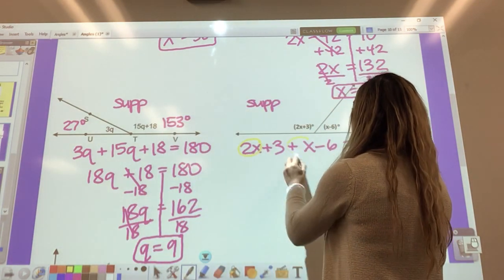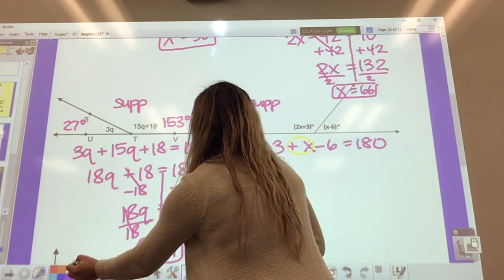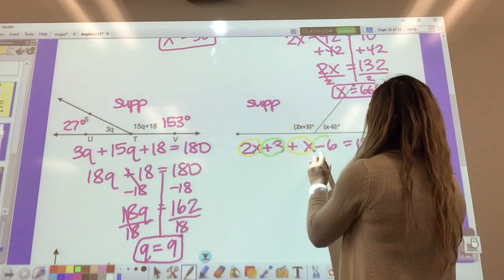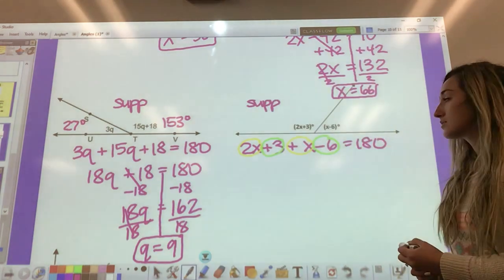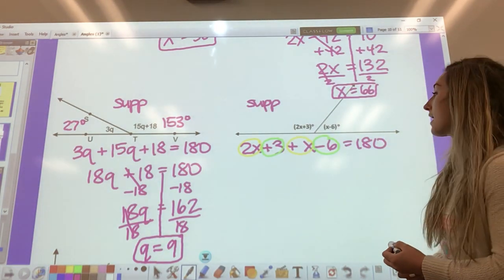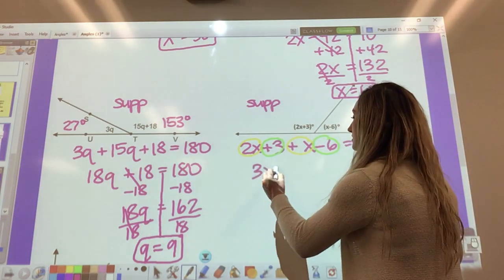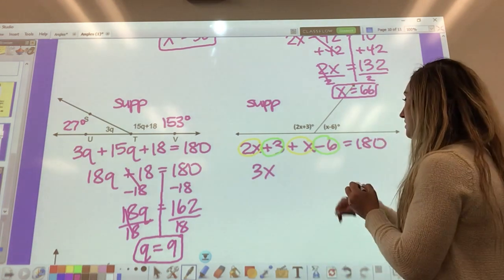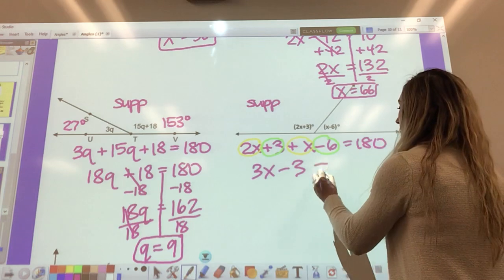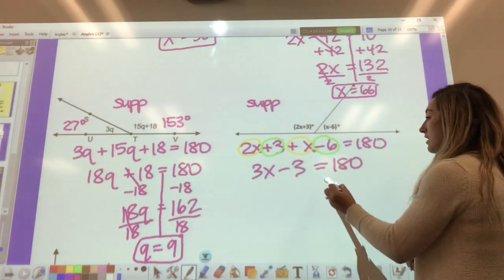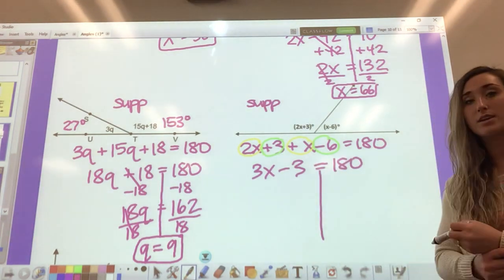I have 2x and x, along with 3 and negative 6. So when I combine those, I have 3x, and plus 3 and negative 6 is negative 3. And that's still equal to 180. And we can solve.